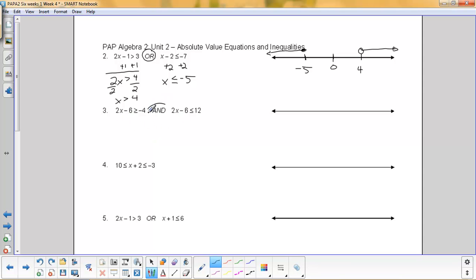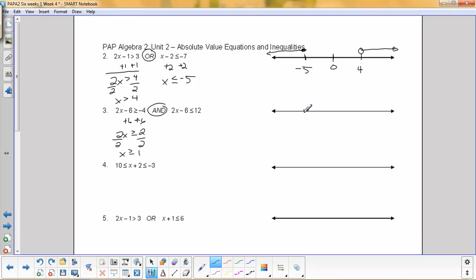Again, AND is your conjunction. It means you'll have a single line with the values as the endpoints. Add 6 to both sides, and I get 2x greater than or equal to 2. Divide by 2. X is greater than or equal to 1.